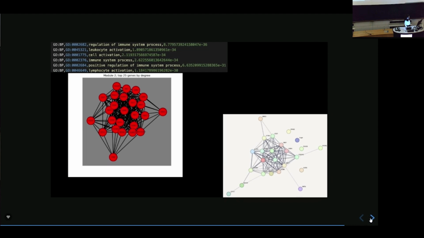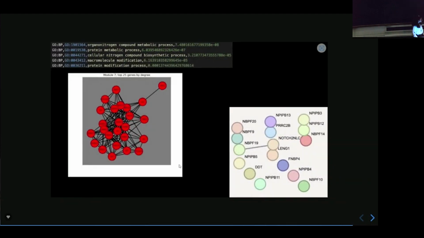We also want to show something that was a little bit strange. For this module, we didn't discover much in terms of GO terms. But when we looked at the protein network, they don't look associated, but the names are all similar.